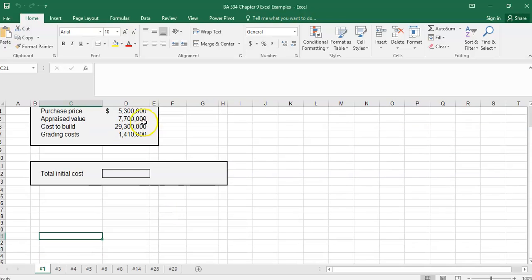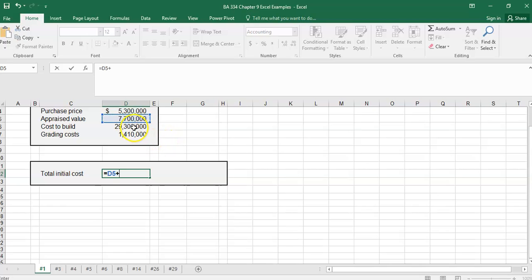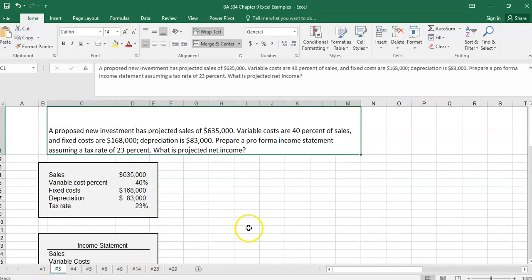So when we're looking at these, our total initial cost of this project is the appraised value plus the cost to construct plus the cost to prepare the land for construction. So the total initial cost of this project is $38,410,000.